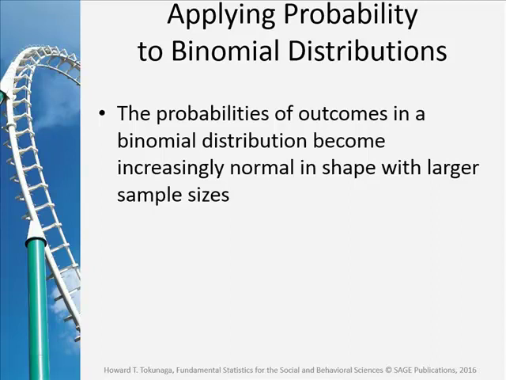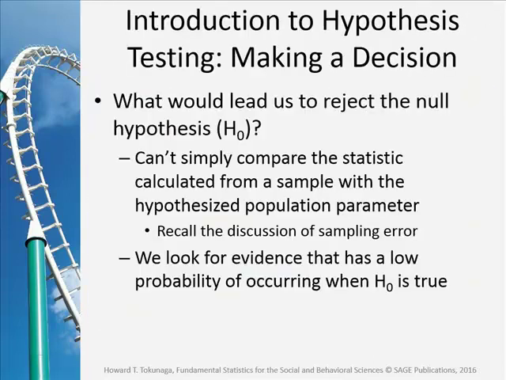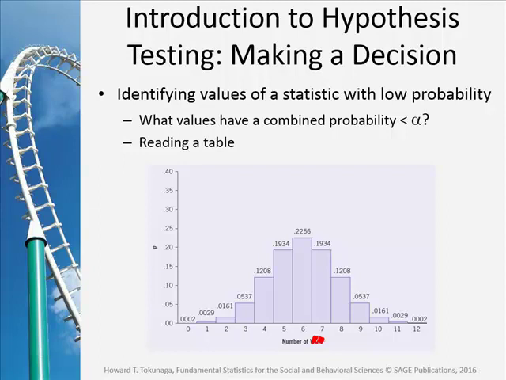So our expected value of a binomial distribution is 0.5. But as we get more and more events, the binomial distribution actually becomes normal.